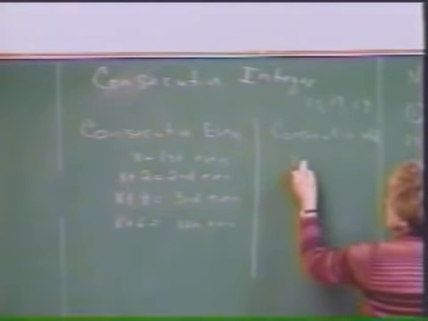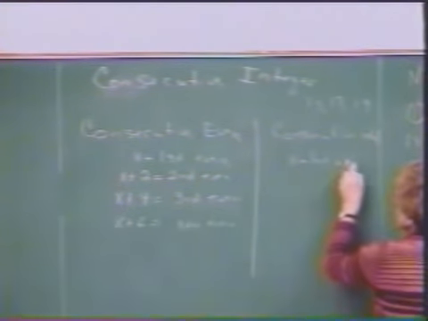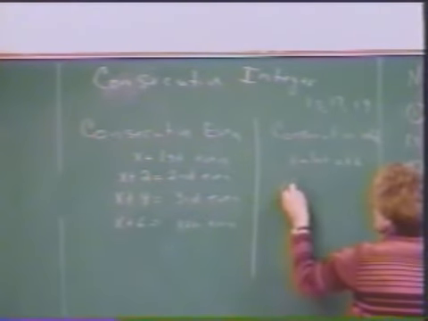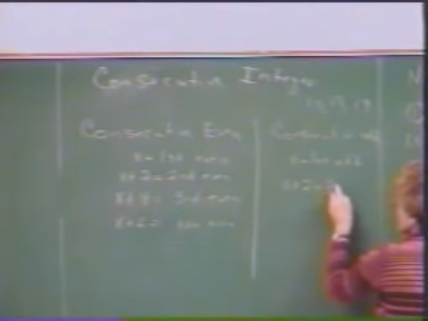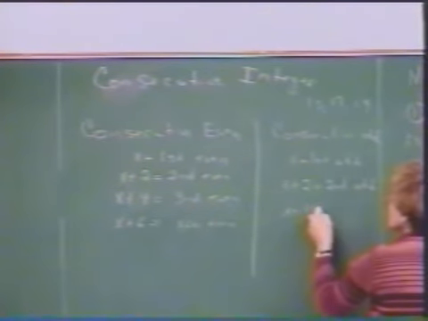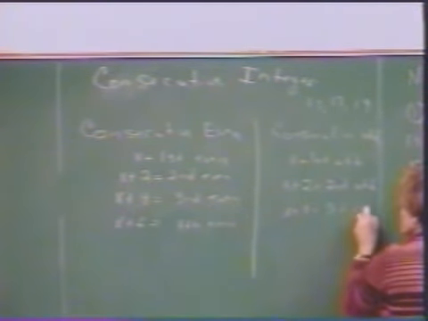If I let x be my first odd, what do odd numbers differ by? You add 2 to 15 to get 17. So x plus 2 would be the second odd, and x plus 4 would be the third odd.